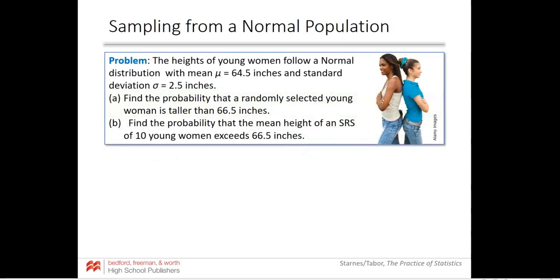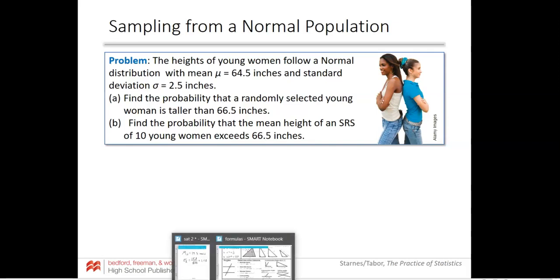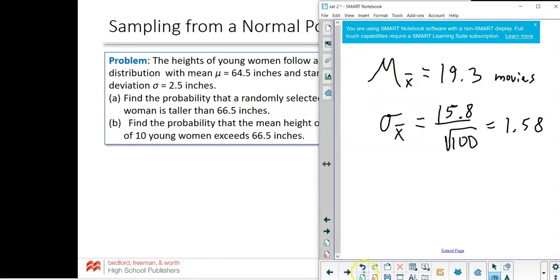Okay, the heights of young women follow a normal distribution with a mean of 64.5 and a standard deviation of 2.5. Find the probability a randomly selected young woman is taller than 66.5. Okay, so in this case, this is just the population here.